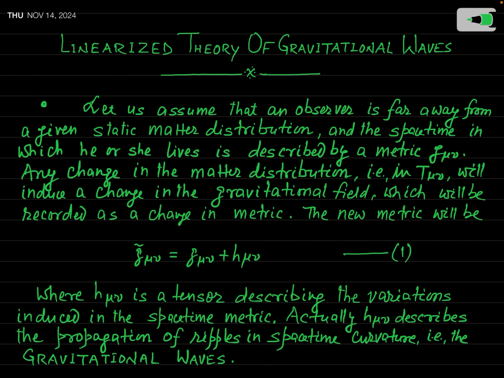The fact is that no information can travel faster than the speed of light, according to the relativity principle. In Einstein's theory, there is no such ambiguity. The information of the varying gravitational field propagates with finite speed, which is the speed of light, as a ripple in the fabric of space-time.